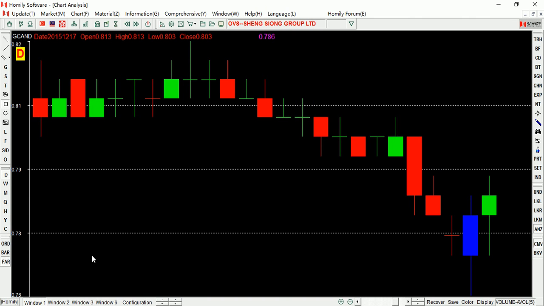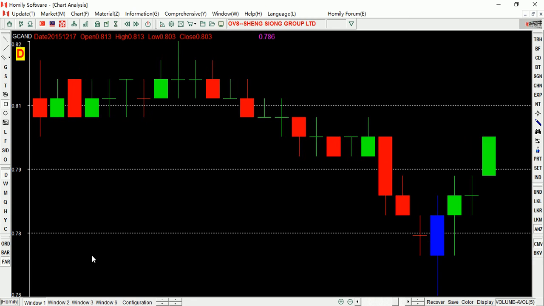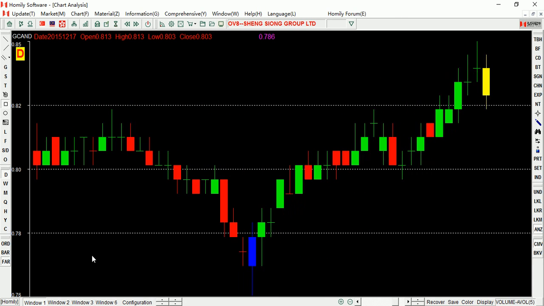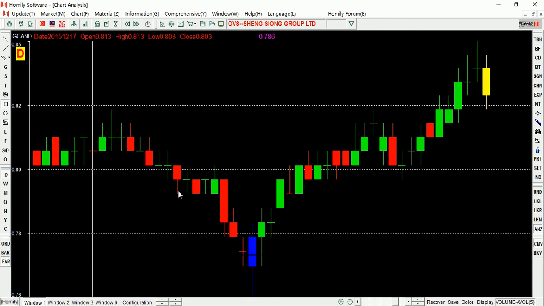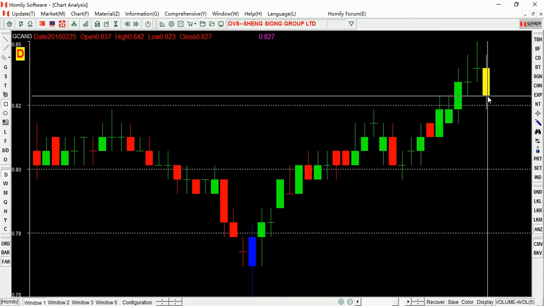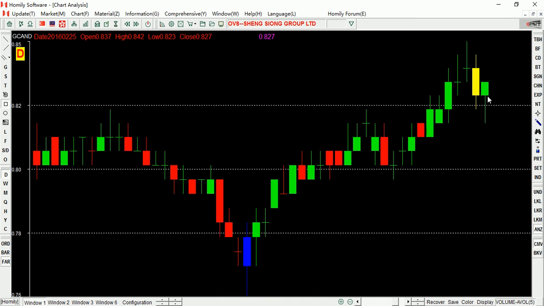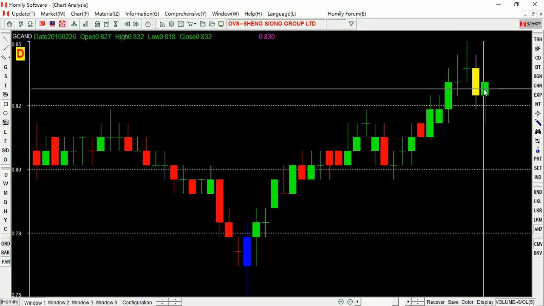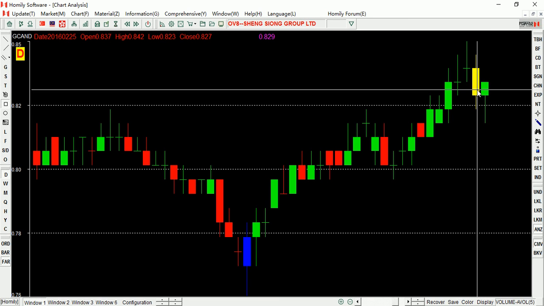We can. This is a good entry point for short term. Only for short term, we buy and keep. Okay, so you earn some money. The yellow candlestick appears. What should we do? See the next candlestick. Sell or not? The closing price is higher than this one, so we can still keep the stocks, okay?